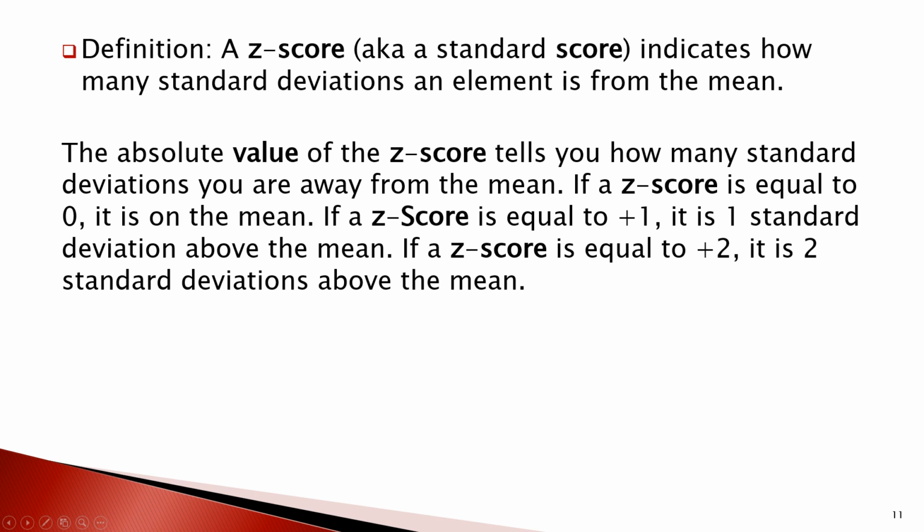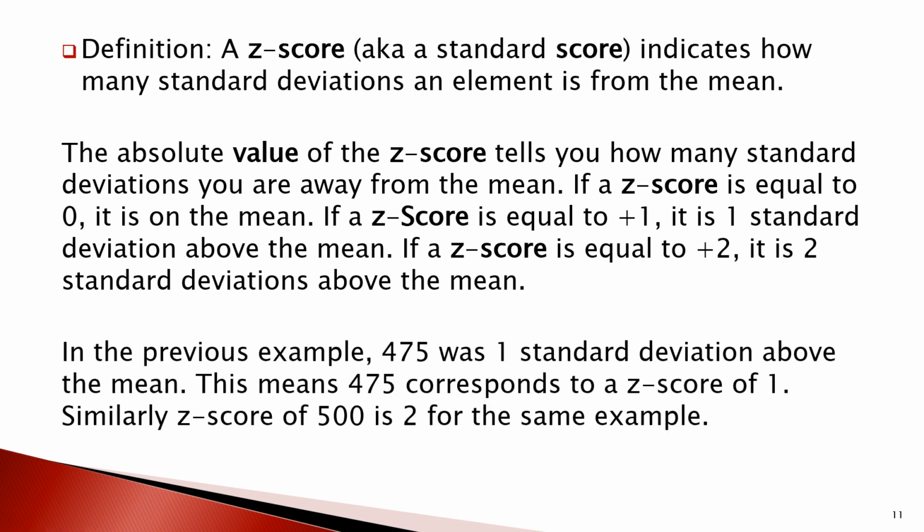For example, if Z-score is 1, then that means we are 1 standard deviation above the mean, and similar interpretation for 2. Okay. So for example, in the previous example, 475 was 1 standard deviation above the mean. That means the Z-score for 475 is 1. Okay, and similarly the Z-score for 500 is gonna be 2.